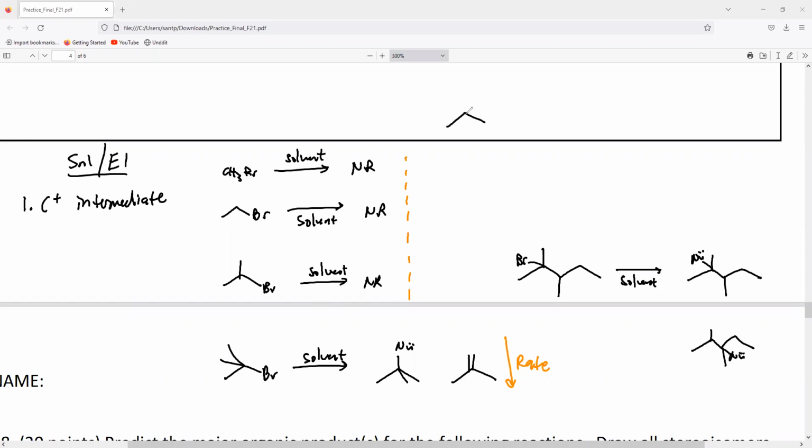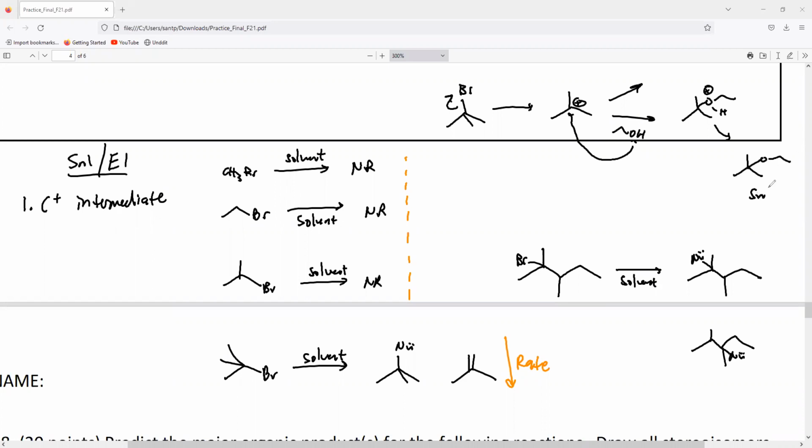Okay, so the way this mechanism would work is bromine leaves to form a carbocation, and then whatever is in solution, typically a solvent, will attack this molecule. A typical solvent is like an alcohol, so an alcohol can go ahead and attack. Usually you'll get a protonated intermediate. Something in solution just picks up that proton, and what you get is something like this.